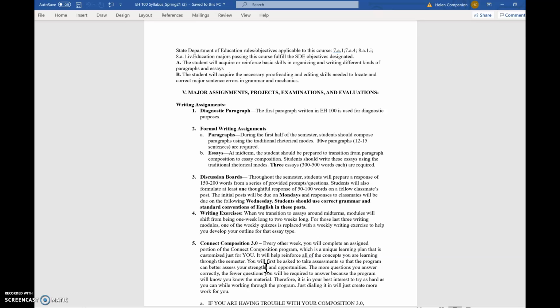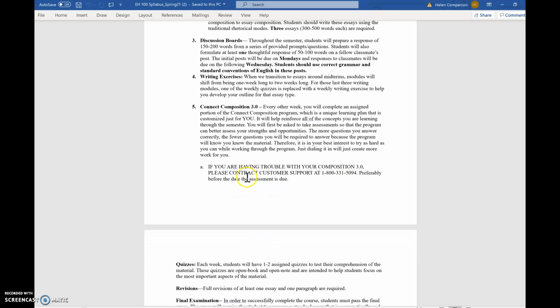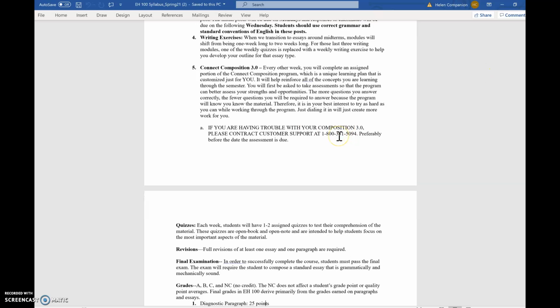And again, they're due every other week. So I would try to do a few minutes a day, maybe 10 minutes a day or something like that, so that it doesn't become overwhelming for you. Don't wait until the last minute to do these. You may not have enough time, and if you don't turn it in on time, you may get a 0. If you're having trouble with Composition 3.0, please contact customer support, and that information is right there.